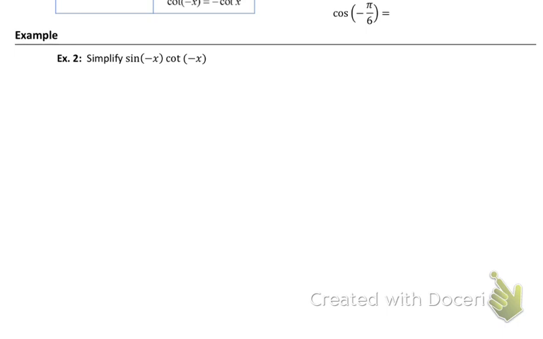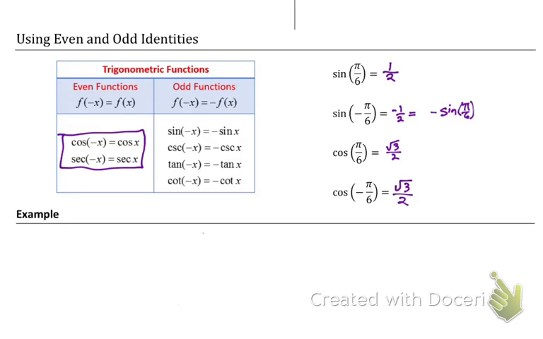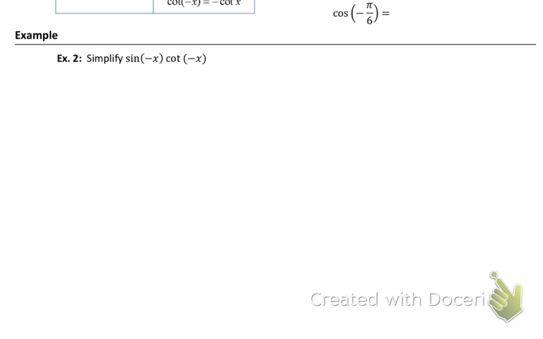So if I look at this first problem, the first thing I need to do is get rid of those negatives that are inside the sine and the cotangent. So whenever you see something like this, you need to ask yourself, can I just erase it because it's cosine or secant? Or do I have to pull it out front because it's sine, cosecant, tangent, or cotangent? If I look at the first one, I have a sine. Sine says I can't just erase the negative, but I can bring it out front.